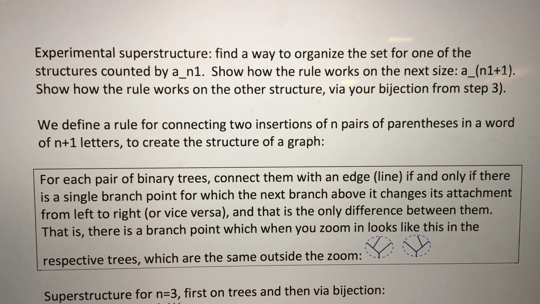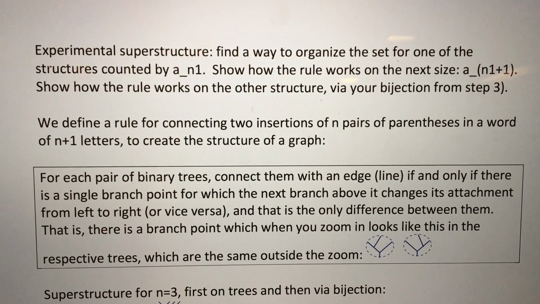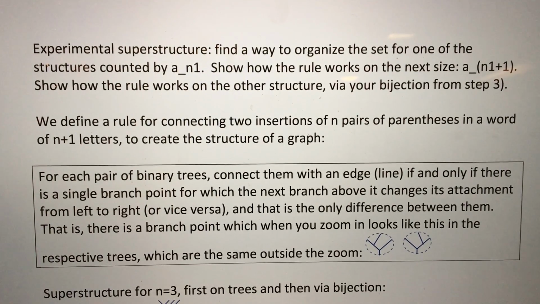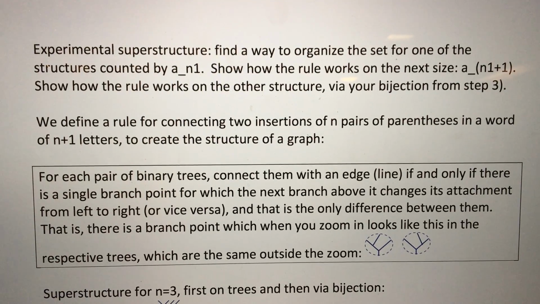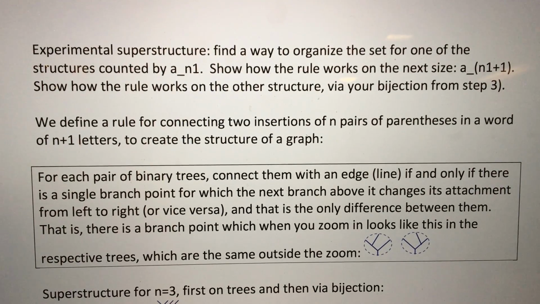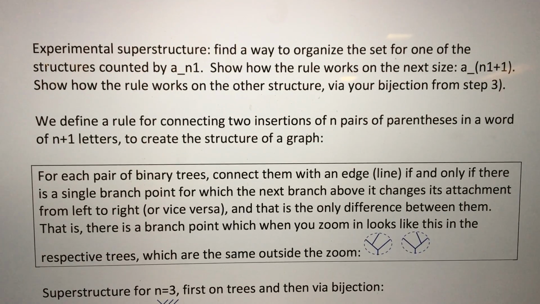And if you write down all of those structures for a certain n on the page, and then follow this superstructure rule, what you'll have is a picture with a bunch of parenthesizations, and some of them will be connected by lines. And that creates the structure of a combinatorial graph.